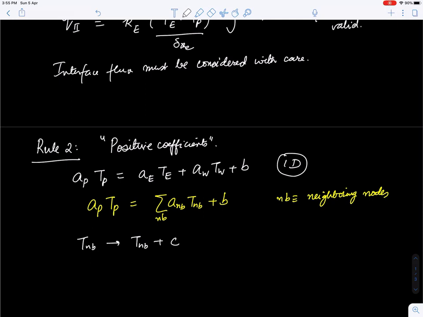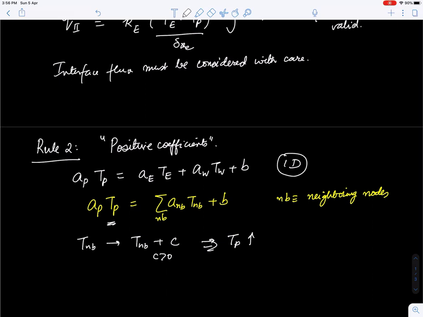What I'm trying to say is that if the neighboring value increases by a constant C, then clearly the value of the temperature at the nodal point TP should also increase. So if C is greater than 0, clearly TP should also increase, and it should not decrease, right?